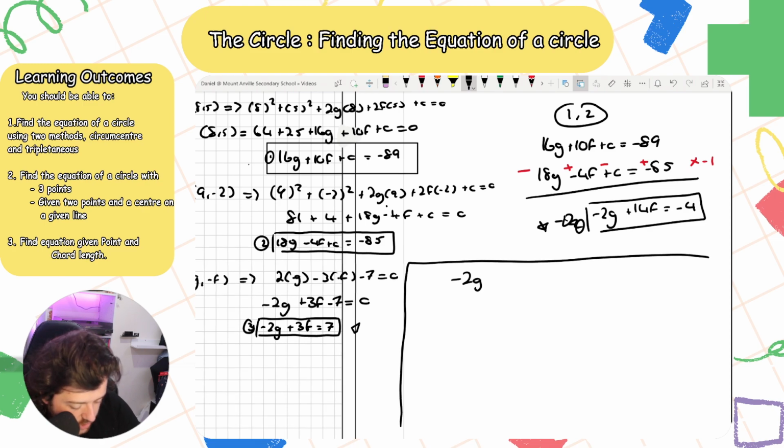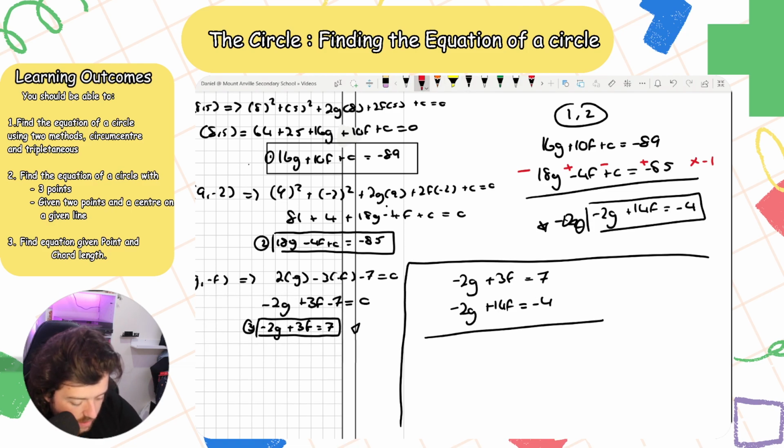Now I'm going to use these two equations to solve for g and f and get my center. -2g plus 3f is equal to 7, and -2g plus 14f is equal to -4. I'm going to cancel the g's, multiplying by -1 here, so that'll be plus 2g minus 14f plus 4.